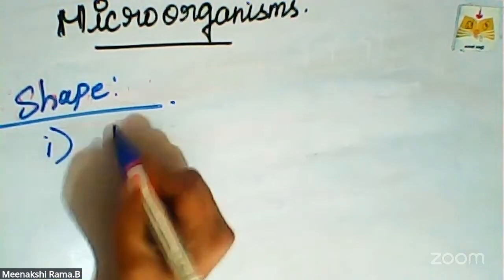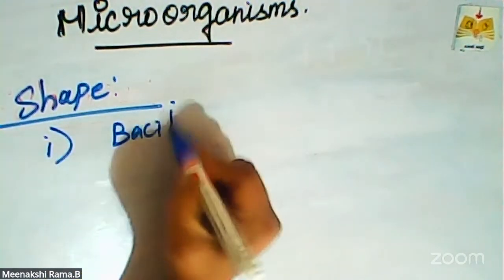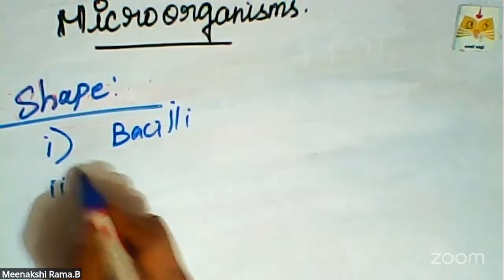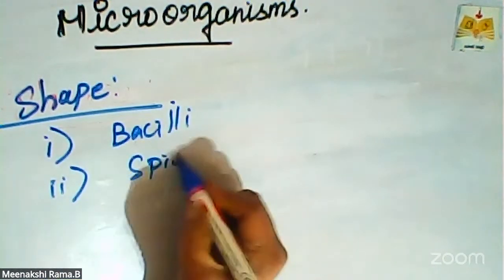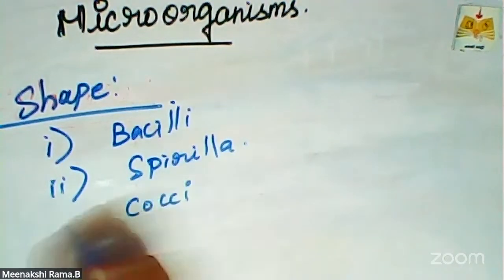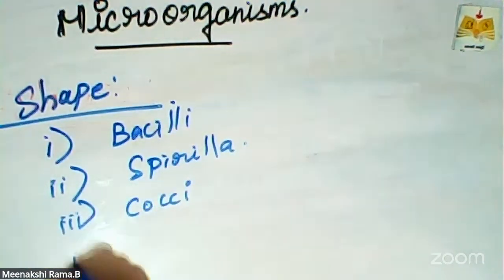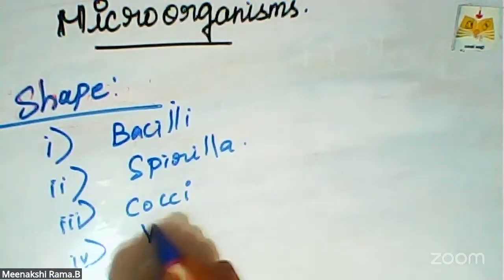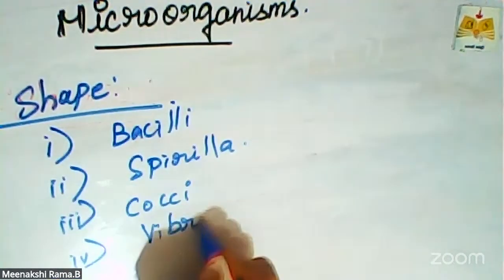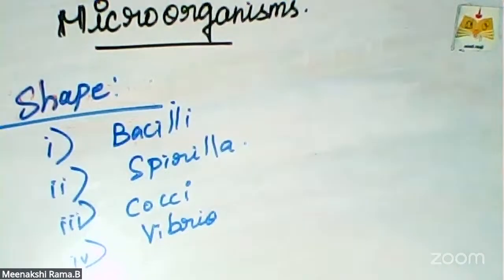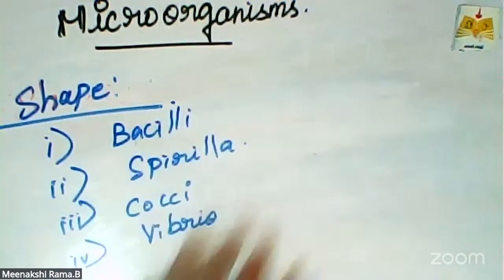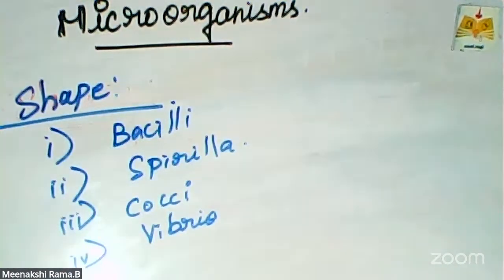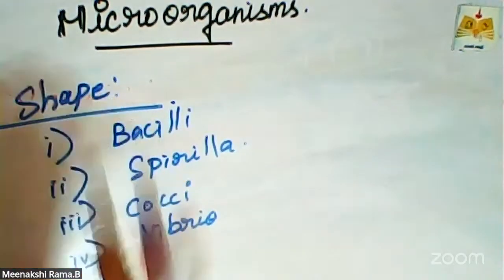First one, bacilli. Second one, spirilla. And then cocci, third one. And fourth one is vibrio. So these are all the types of bacteria according to the shapes.